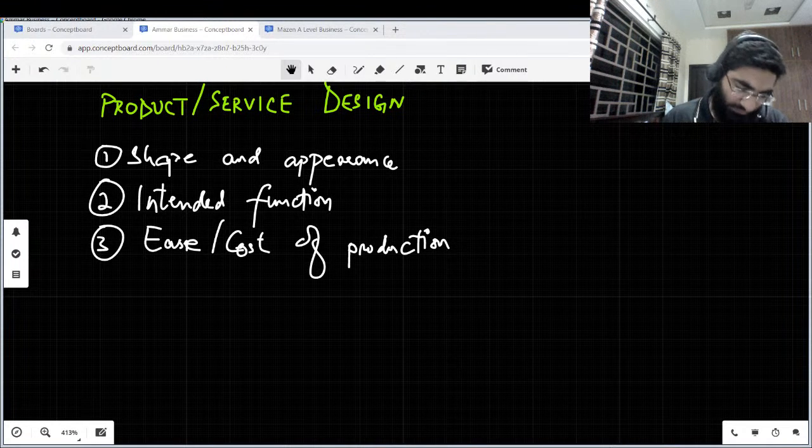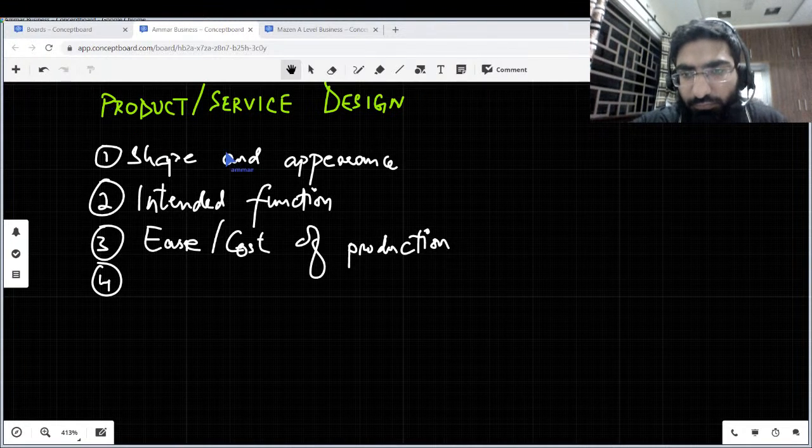So let me write these two points, and then the next thing we have is design mix. Design ethic, sorry, design mix.